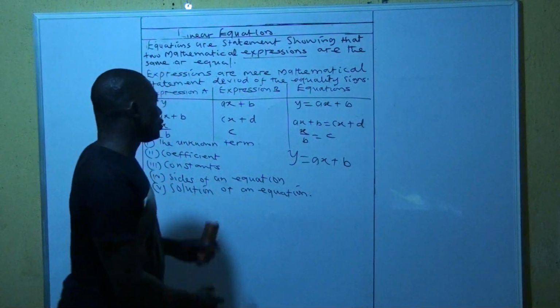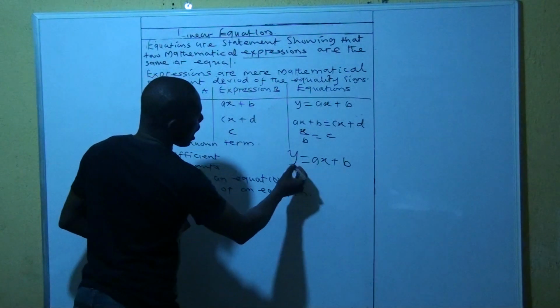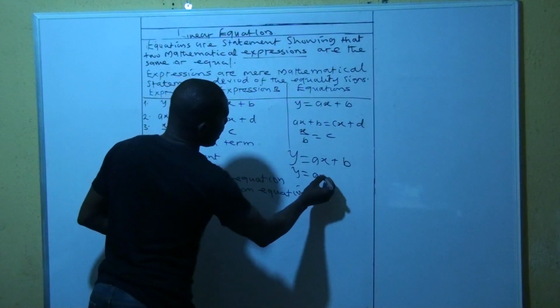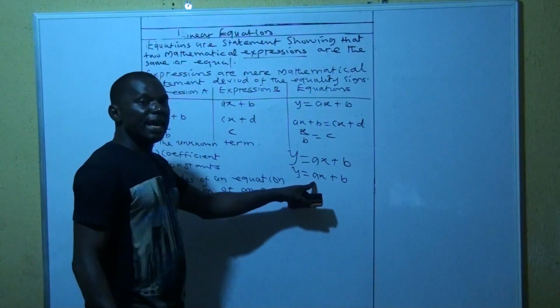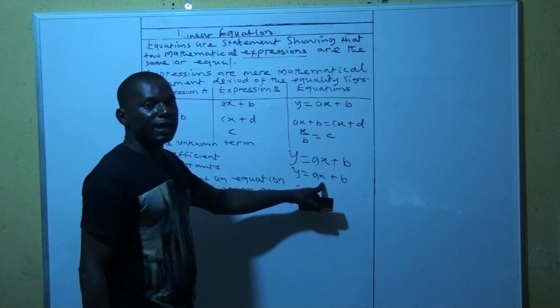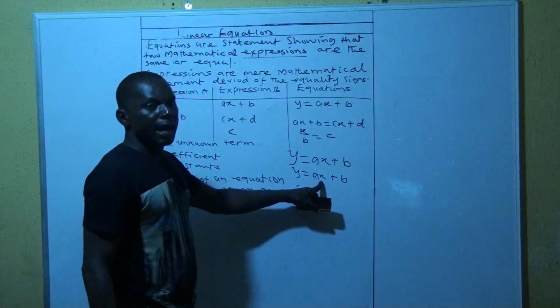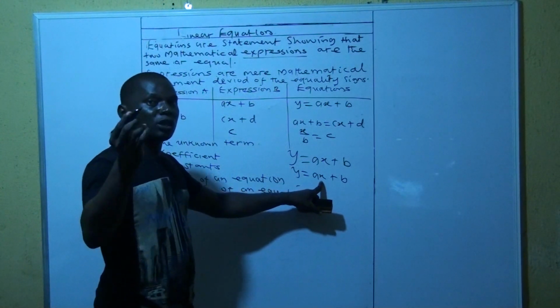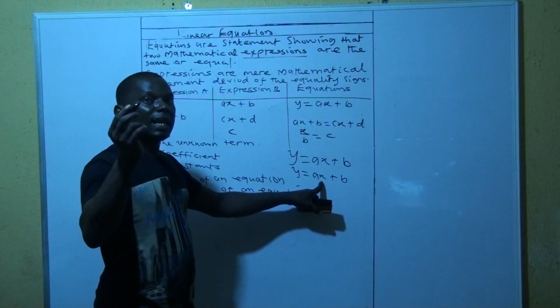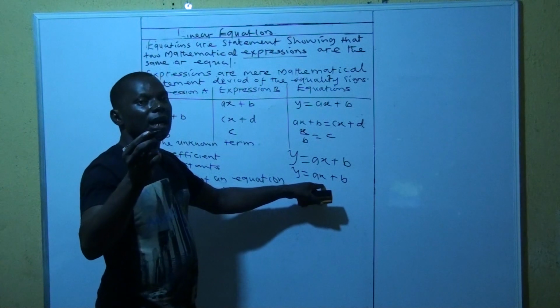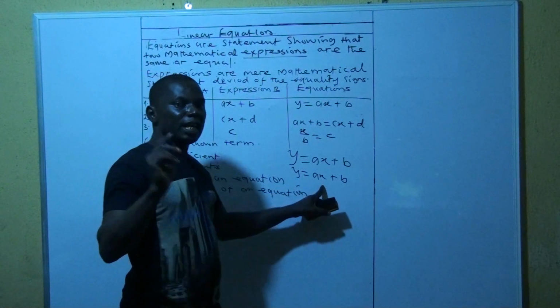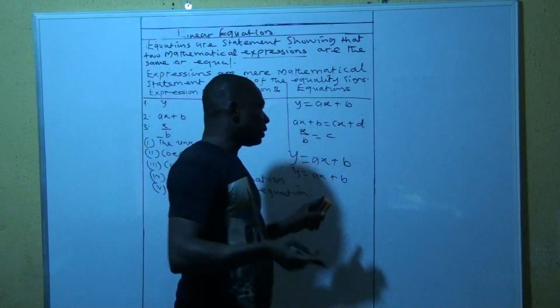So in y is equal to ax plus b, the a here is the coefficient of x, because a multiplies x. That is the simple definition of coefficient: any numerical value that multiplies the unknown in an expression or in an equation.